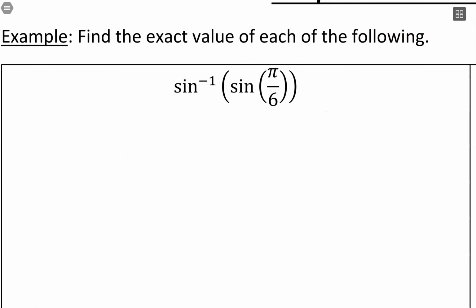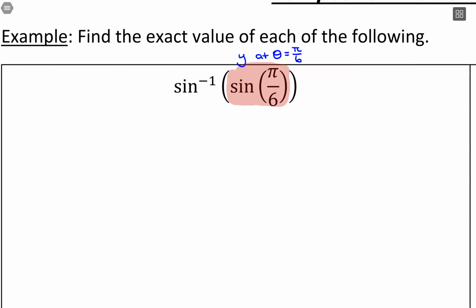So, inverse sine of sine of pi over 6. Now starting this, I'm going to completely ignore that inverse sine. My only focus right now is this sine of pi over 6. So what this wants me to find is my y coordinate, since it's sine, at an angle measurement of pi over 6.